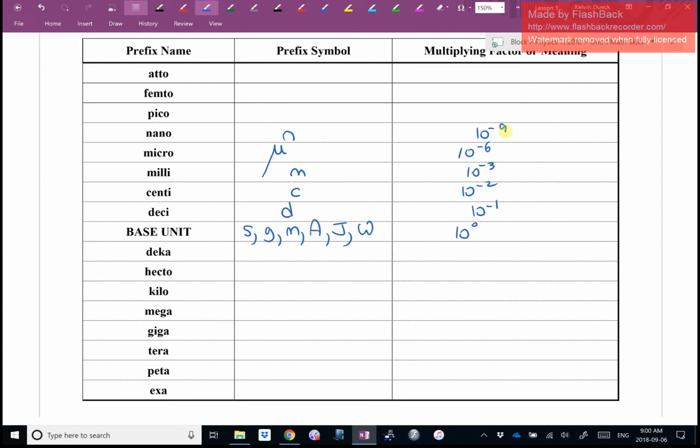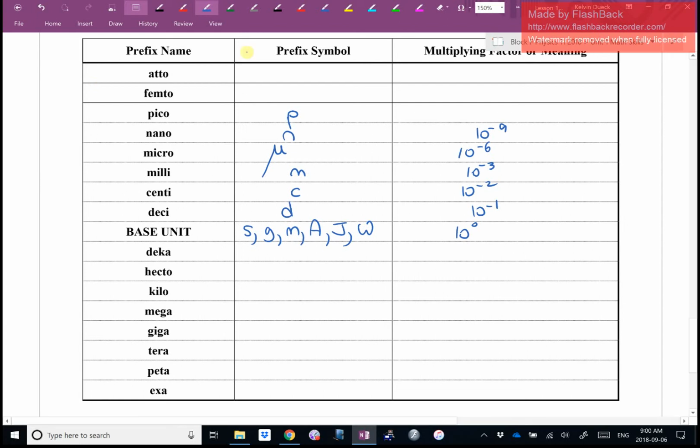Did I give you pico on the green sheet? I did, okay. Lowercase p. And you'll notice, aside from deci and centi, which is the other reason I don't really like them, the rest go up by 3s. Because in our number system, every 3 represents 1,000 or 1,000,000 or 1,000,000,000. It's when you give it a new name, and even with decimals, we carry on that tradition.